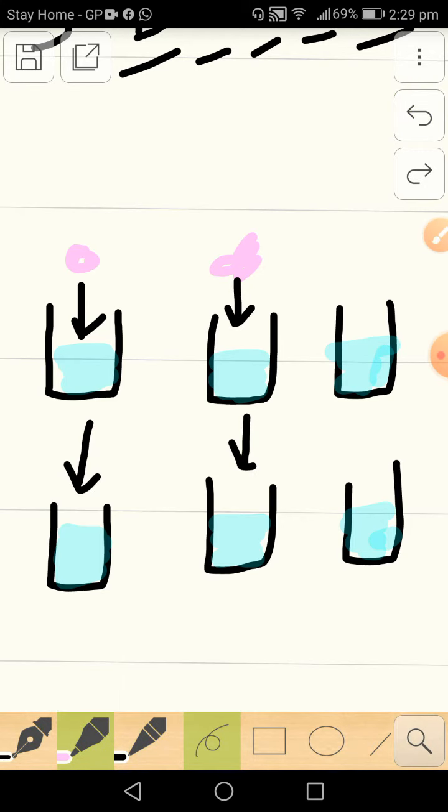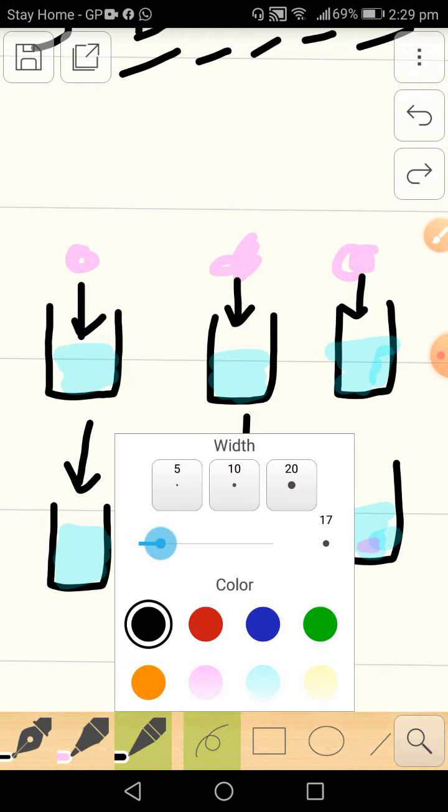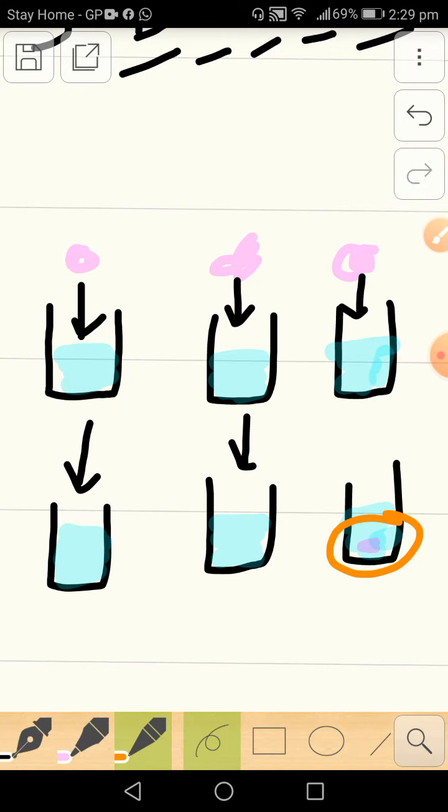Now we put some more solid into the solution, and now what we get is this. This means that all the acid in the solution has reacted, and there are now some unreacted solids. The solid is a metal oxide, metal hydroxide, or metal carbonate. It can be anything. So this is how it will work.